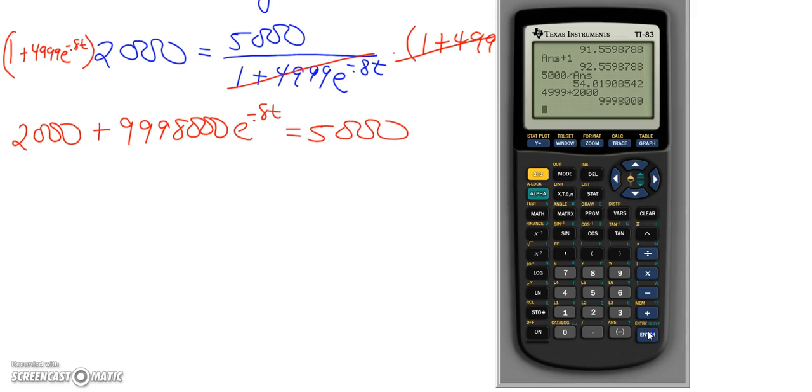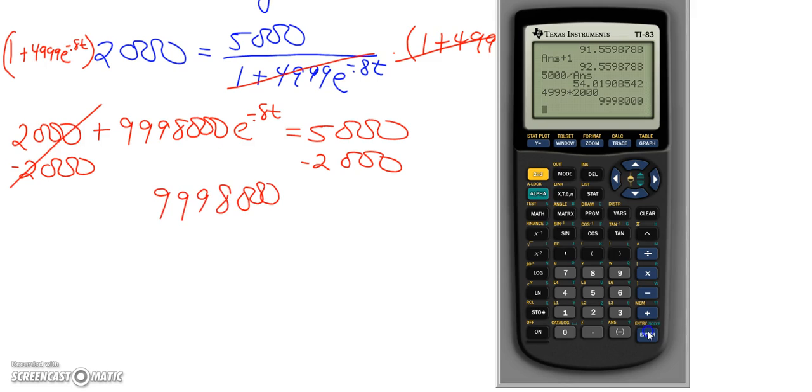Well, your strategy from here is the same strategy we've done many times over. When you have to solve using logs, we're going to need to put it in log form. Now we're almost in log form. I have 9,998,000 e to the negative 0.8t equals 3,000. I need to divide by this big large number, 9,998,000.